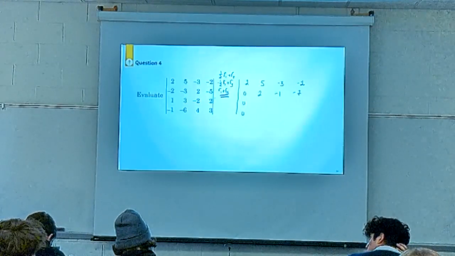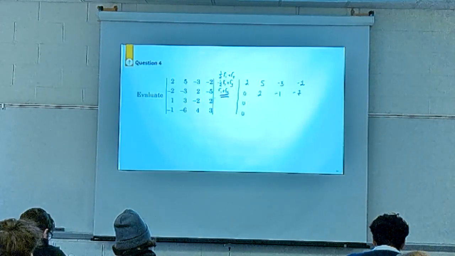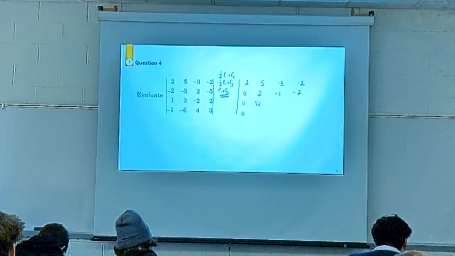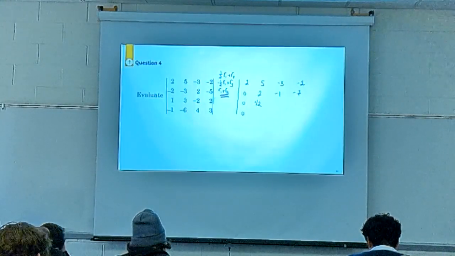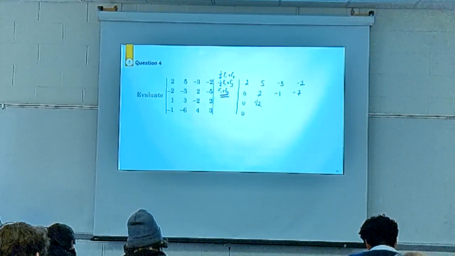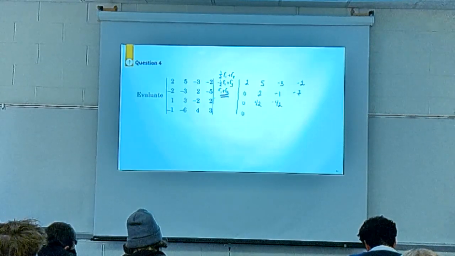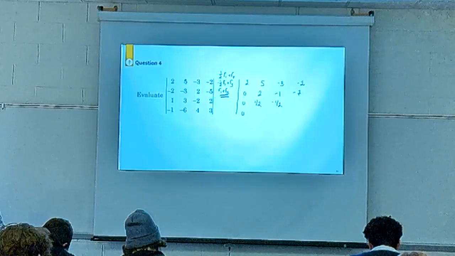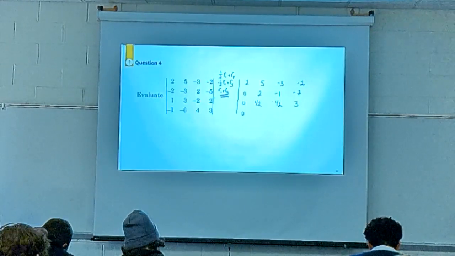Negative 5 halves plus 3. 1 half. 3 halves minus 2. Negative 1. And it's 1 plus 2. Five halves minus 6.